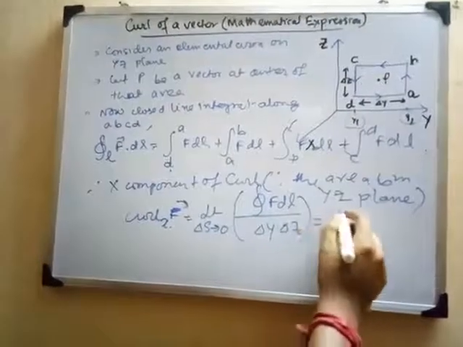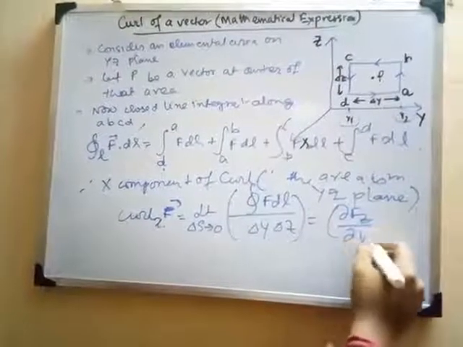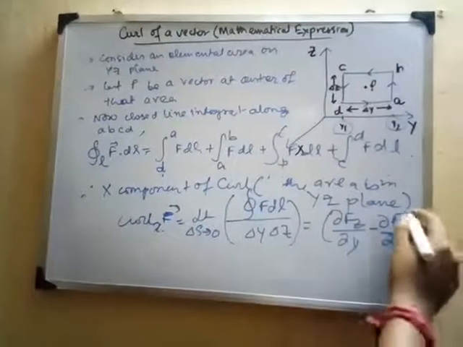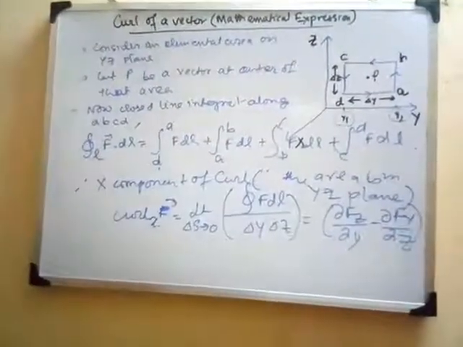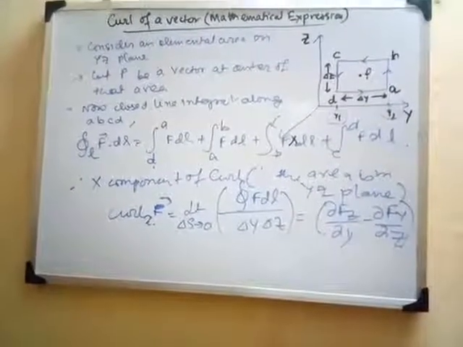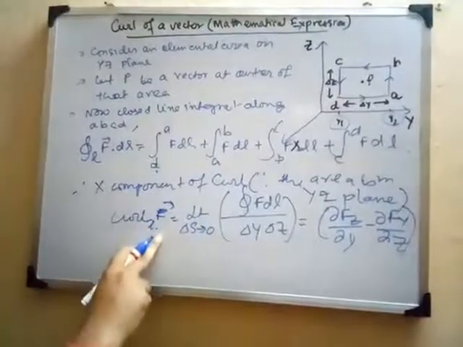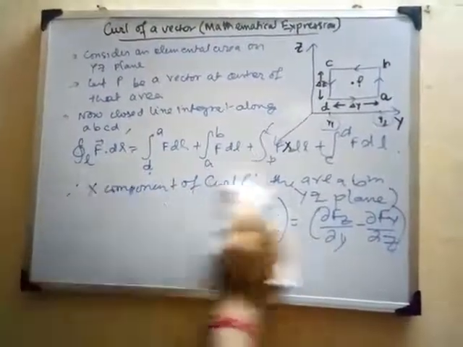That is equal to del f_z over del y minus del f_y over del z. This is the representation of the curl of the vector in only the x direction. So we will find out the y and z directions similarly.